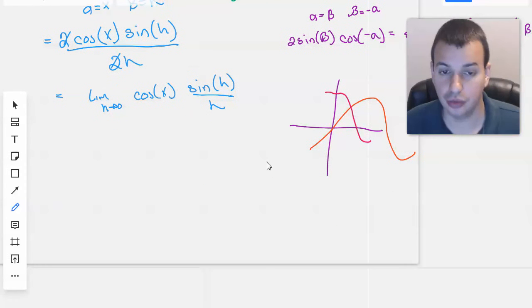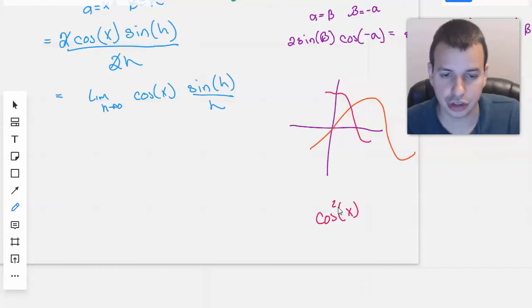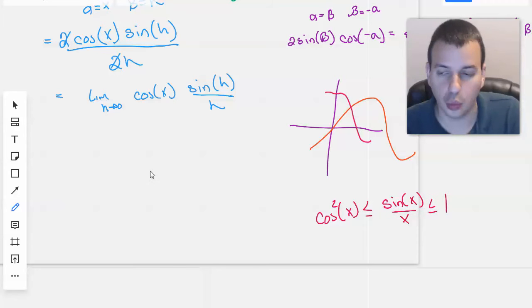There's actually another really good proof out there that uses the squeeze theorem. Basically, it says something along the lines of cosine squared of x is less than or equal to sine of x over x, which is less than or equal to 1.